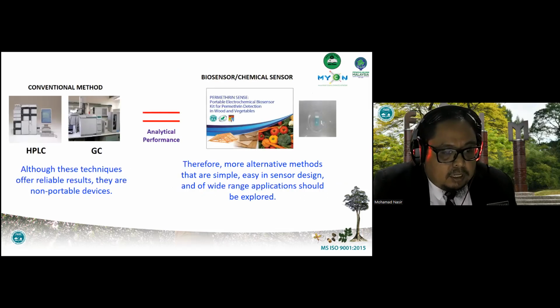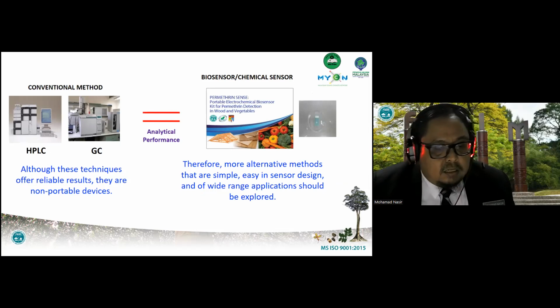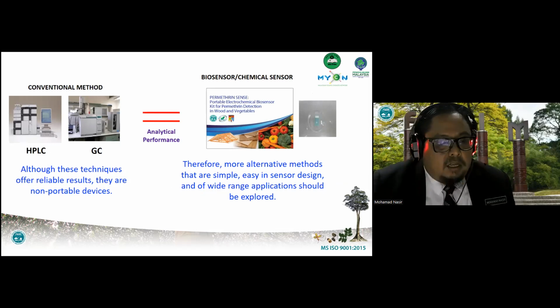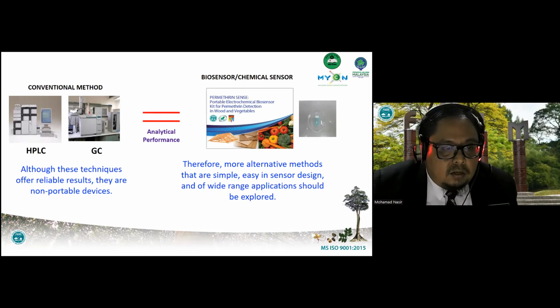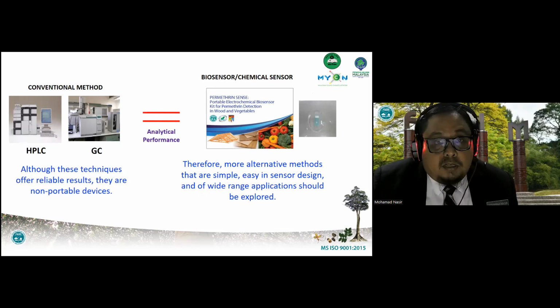Okay. So the conventional method of detection of permethrin is using HPLC and GC. Although this technique offers reliable results, they are non-portable devices. Therefore, we need more alternative methods that are simple, easy in sensor design and of wide range of application should be explored.